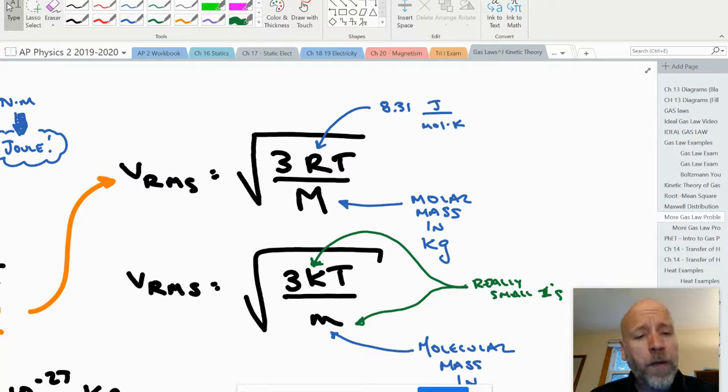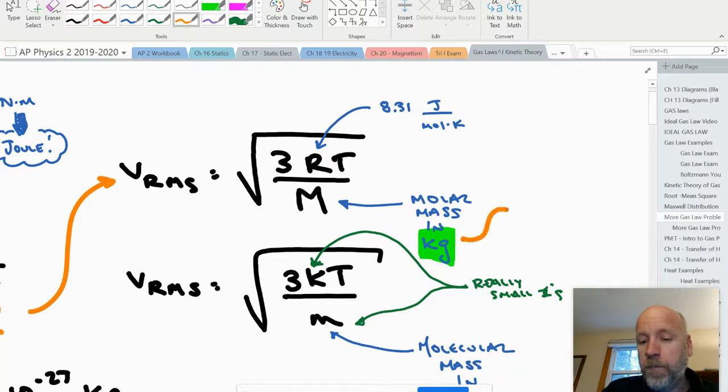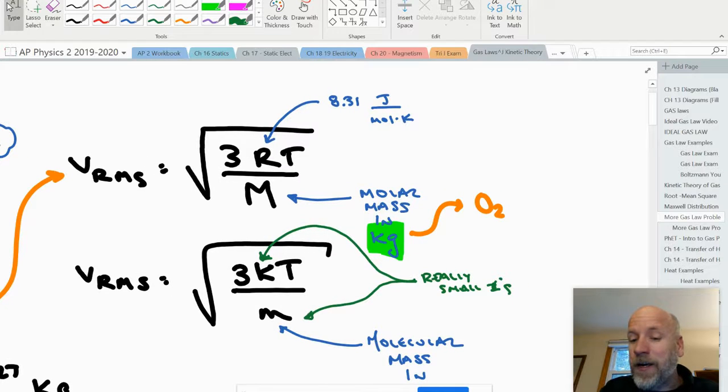V root mean squared equals the square root of 3RT divided by M, where R is 8.31. M is the molar mass, but this is the kicker: it's got to be in kilograms. So for oxygen, O2, it's 32 grams, so I have to make that 0.032 kilograms. Tricky.